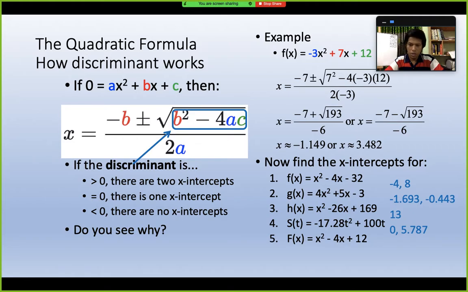Okay, then let's check the other value, minus 0.003. Yeah, so it should be positive, I guess. Let's put positive plus 0.443. Yeah, this should be positive. That's true. So this value should be positive.